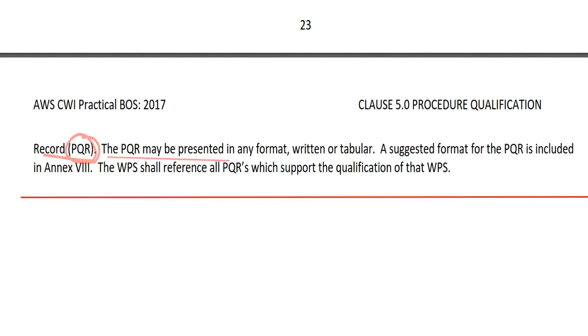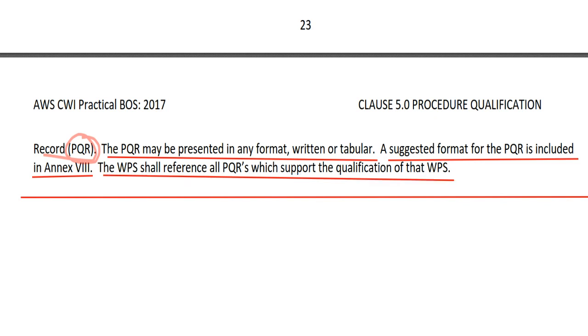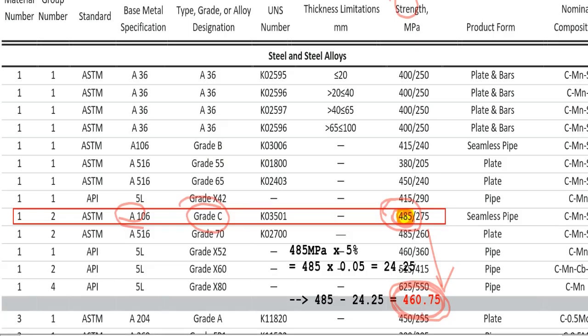The PQR may be presented in any format, written or tabular. The suggested format for the PQR is included in Annex 7. The WPS shall reference all PQRs which support the qualification of the WPS. So this PQR format is shown in Annex 8. Let's go to Annex 8.